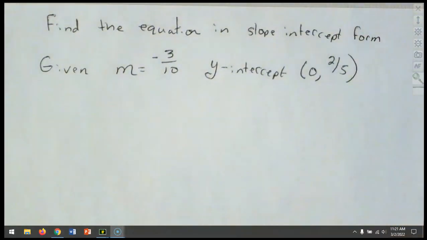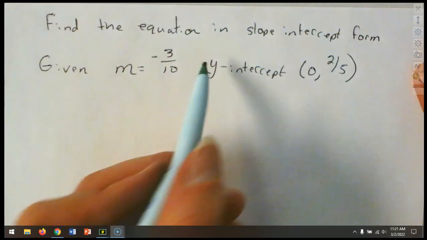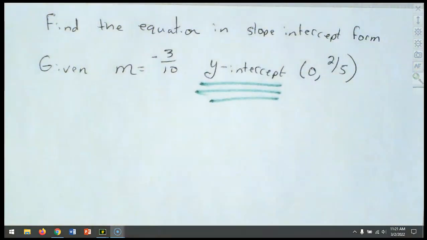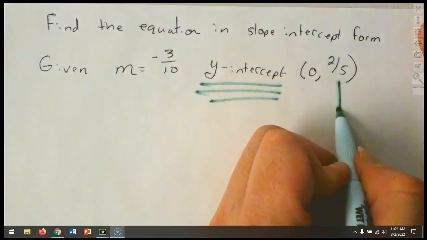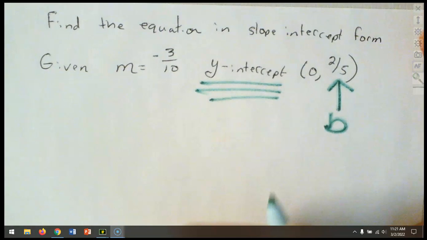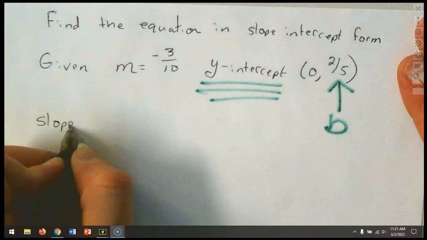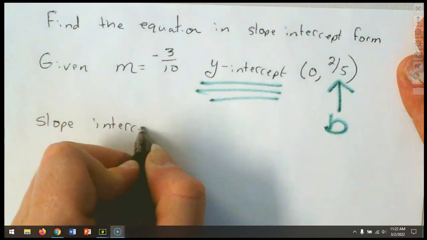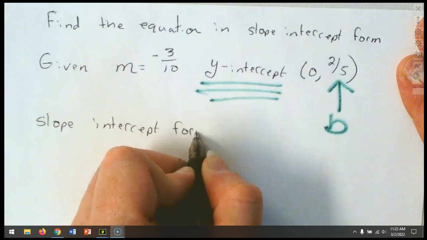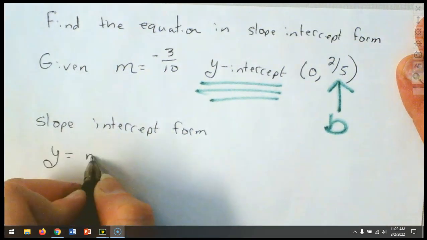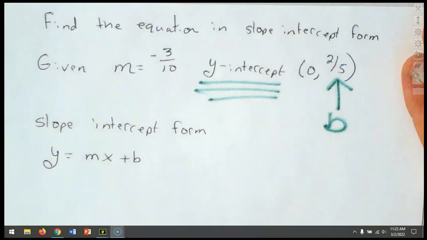Now, we could go ahead and use the point slope formula. And that would be fine, but we've got all these fractions. It would be a lot to clear out. I can skip directly to the answer because it's a y-intercept. So if it tells you it's the y-intercept, then you know this 2/5, that's going to be your b. And your slope-intercept form is y equals mx plus b, right?